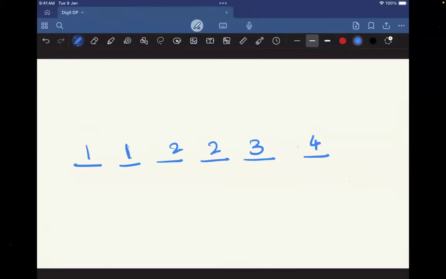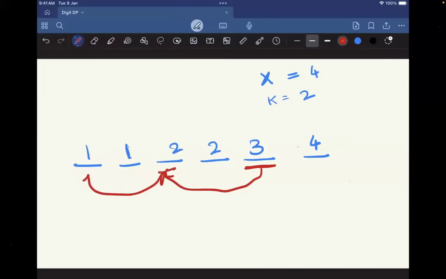Let's say currently my x is 4 and my k is 2. Do you agree that if I did not perform this operation, I would kill this 3, then I would kill this 2, and then I would kill this one.